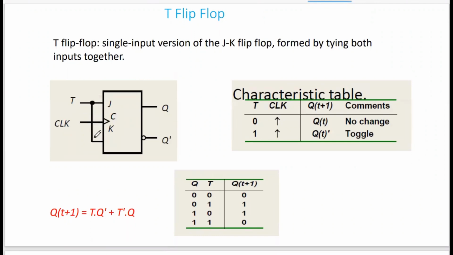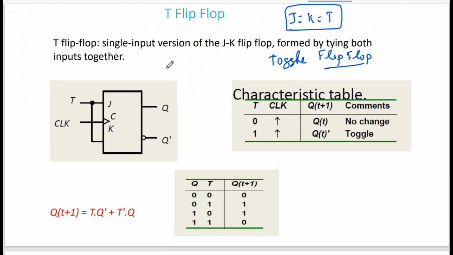Tie both the inputs, J is equal to K is equal to T, and this will be your T flip flop, and this is also called toggle flip flop. The reason for that is we already know that if J is equal to 1, K is equal to 1, then output will be toggled. So that is the case.